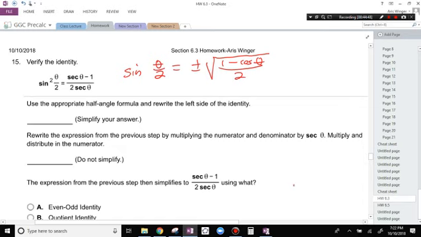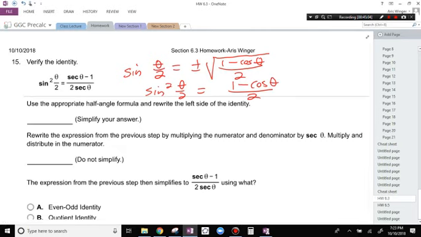If I square both sides, then sine squared theta over 2 is equal to 1 minus cosine theta over 2. So they're doing some really bad stuff here that I don't want to do.